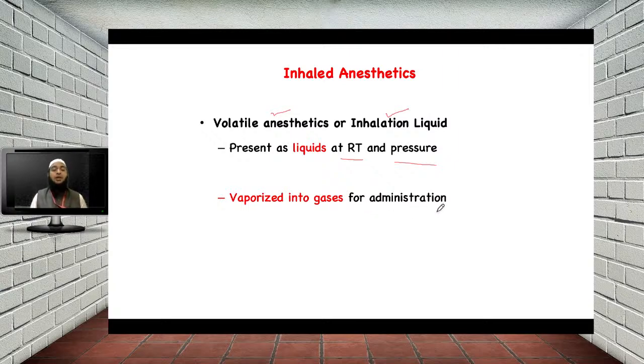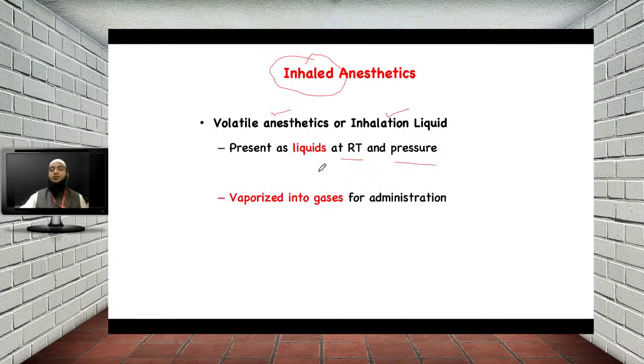Always remember that most of the general anesthetics are given through the inhalation route, because we are talking about inhalation general anesthetics, not IV general anesthetics. When we are using inhalation general anesthetics, they must be present in a gaseous form.